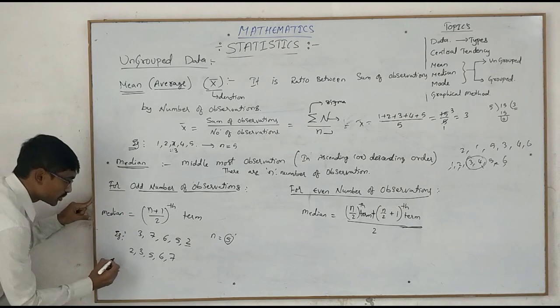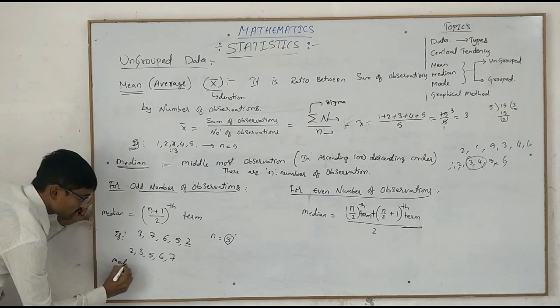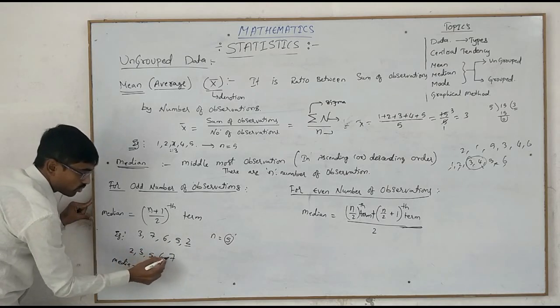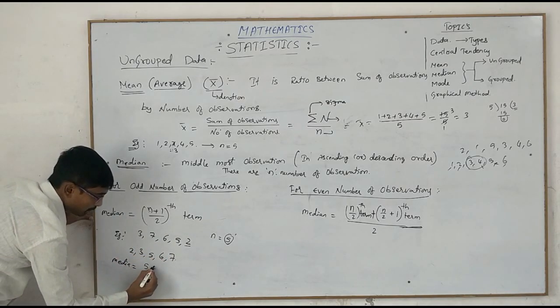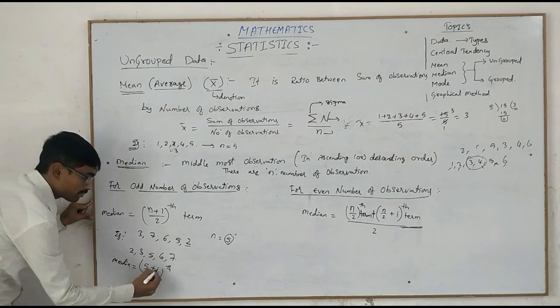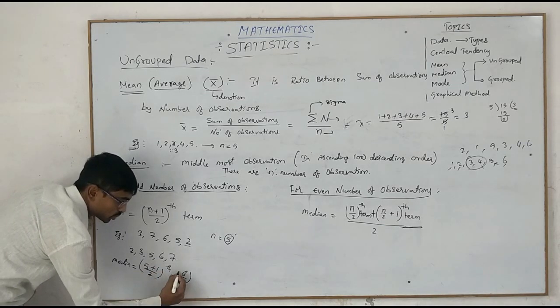Substituting in this formula, median is equal to n, the number of observations, 5, plus 1 divided by 2th term. So 5 plus 1 is 6, divided by 2th term.